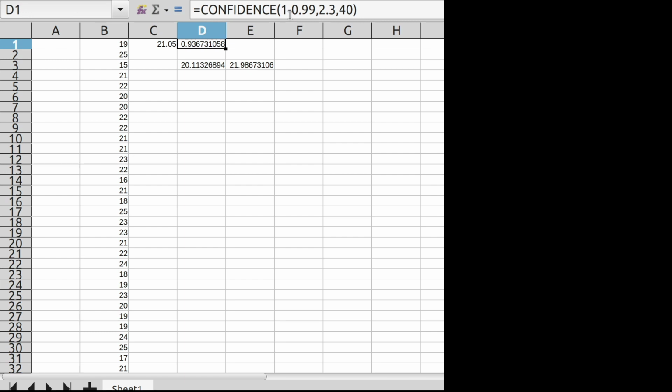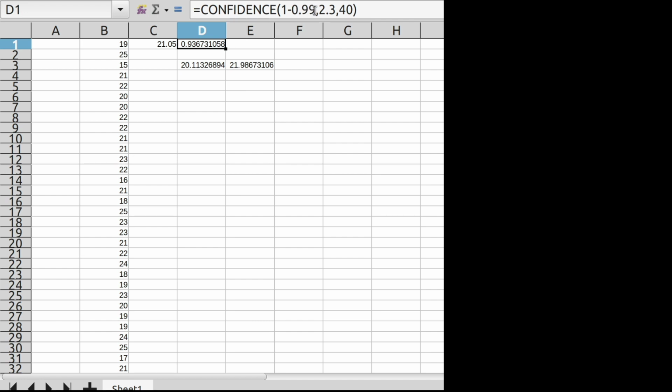I changed the 1 minus to 99%. The other data was the same. Still had the same population standard deviation. Still had 40 samples. And so now it's updated. My range is larger now. I have to include more numbers to be more sure.